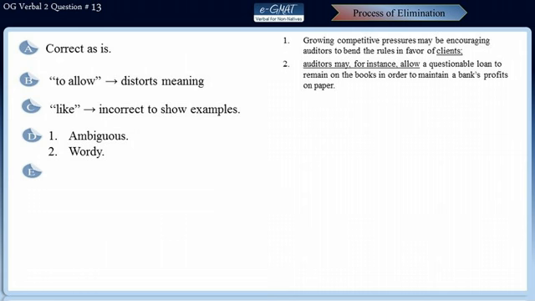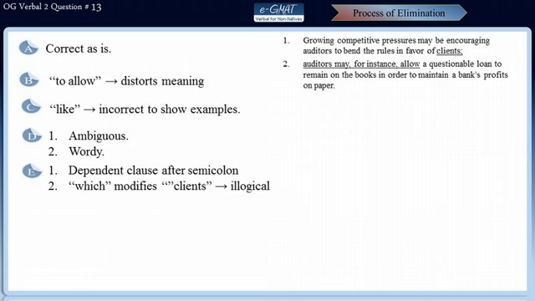In choice E, the first mistake that we find is that a semicolon must be followed by an independent clause, but here it is followed by a dependent clause. Again, the relative pronoun which modifies clients, which now illogically means that clients let the loans remain in the books to show profit, which is absolutely nonsensical.